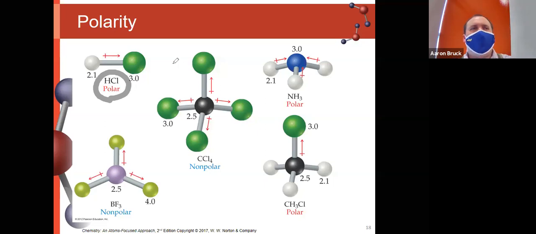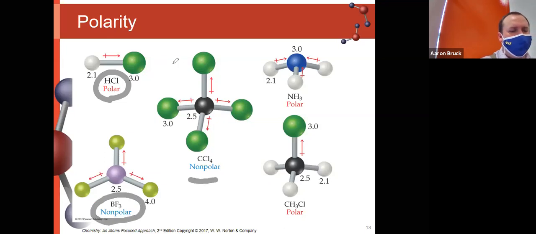So hydrogen with chlorine, carbon with oxygen, hydrogen with fluorine, hydrogen with iodine, nitrogen with hydrogen. Those are all going to be polar molecules. What I want us to look at here is that there is something that is worthy of note. There is a trend here.